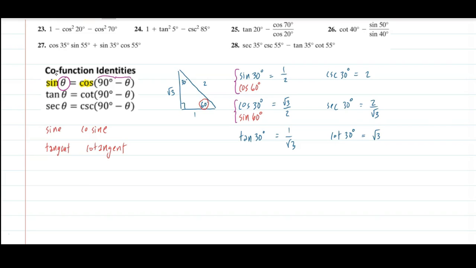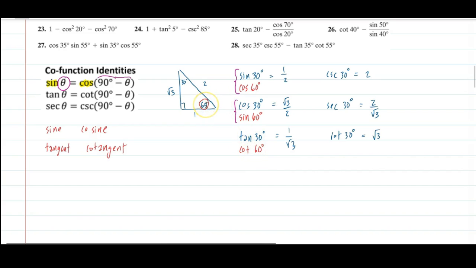Really quickly, look at the tan of 30 degrees. The tan of 30 degrees is 1 over root 3. Well, according to that second identity, if we had found the cotan of 60 degrees, first off, you would find the tan of 60 and flip it over.